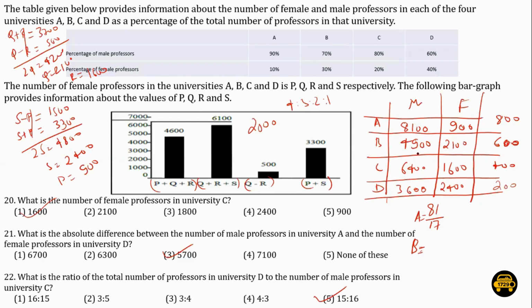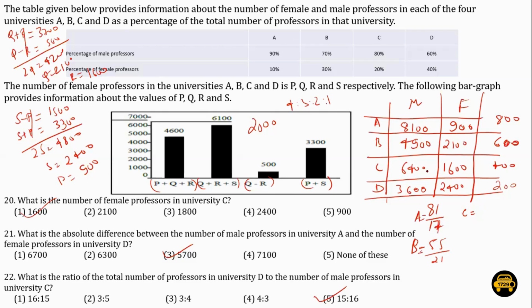Now for B, 4900 plus 600 is 5500, upon 2100, the ratio of male to female. If you calculate a male to female ratio or the percentage of male to total, both ways will give the same thing. So we just need to know which university has the maximum ratio of males.